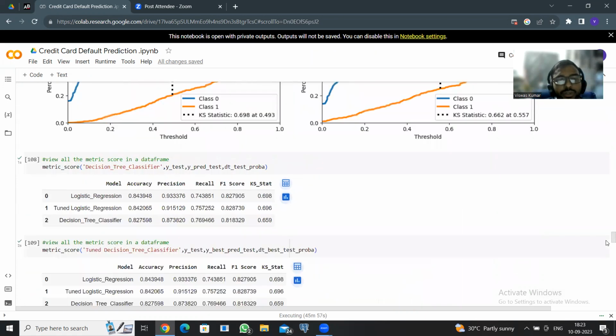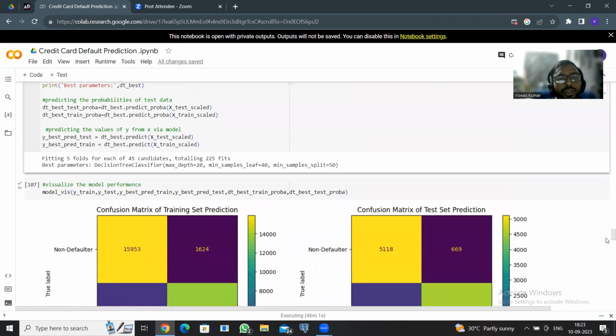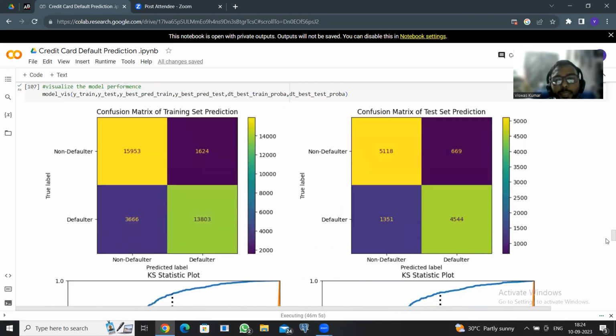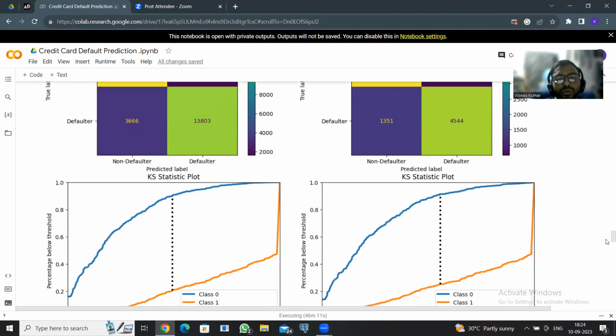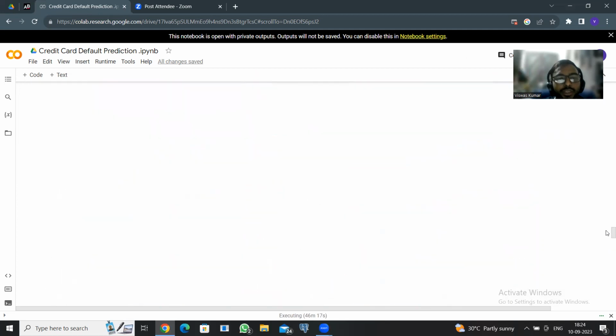We cannot do the KS table with this decision tree classifier, because it is predicting the ones as 1 and zeros as 0, so we cannot get the minimum probability and maximum probability like in the previous case.